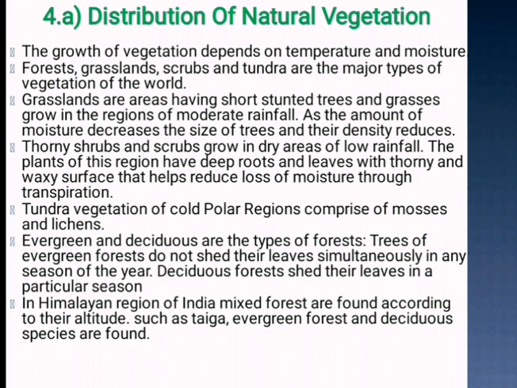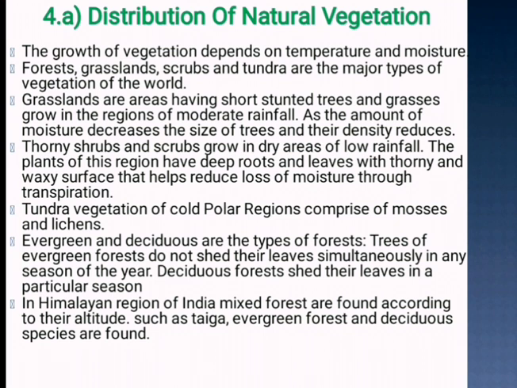The evergreen forest and deciduous forest we can mainly find in the tropical region. There we are receiving the maximum amount of sunlight and water, that is rain. Due to that, there we can find thick vegetation, and the forest in this region is mainly divided into two. One is evergreen forest and the second one is deciduous forest.